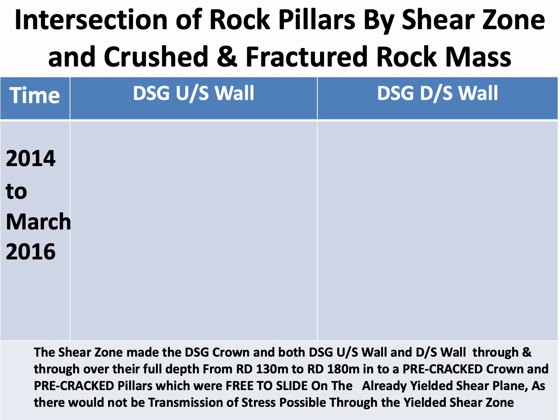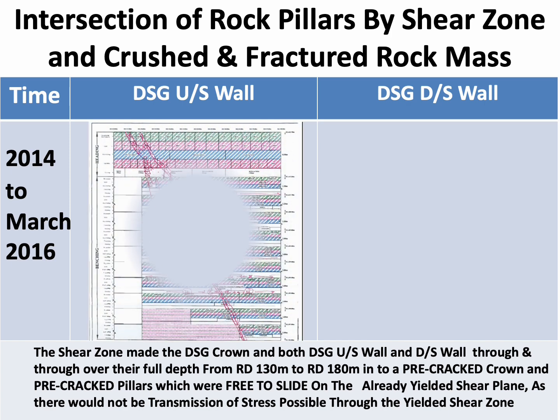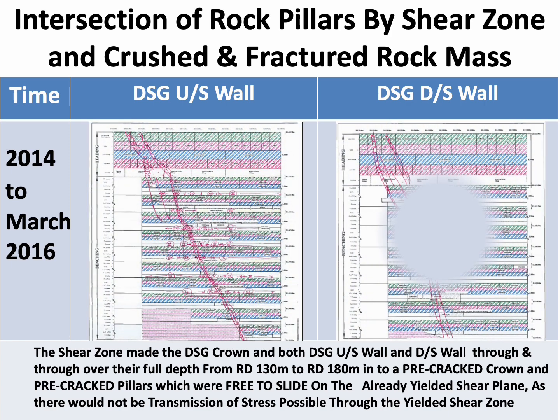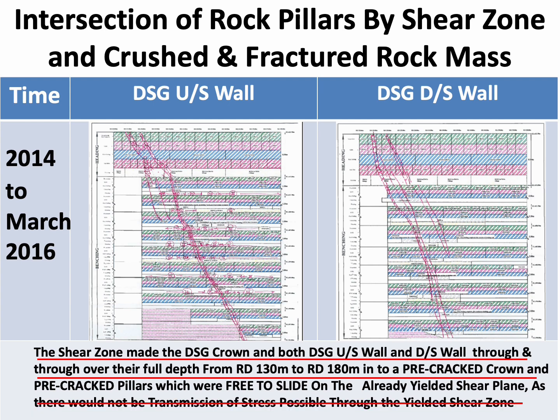What it says is, this is upstream wall of the downstream surge gallery and this is downstream wall of the surge gallery. Both are being cut through and through by the shear zone between RD 130 to RD 180 meter.